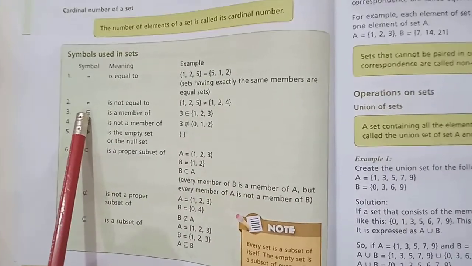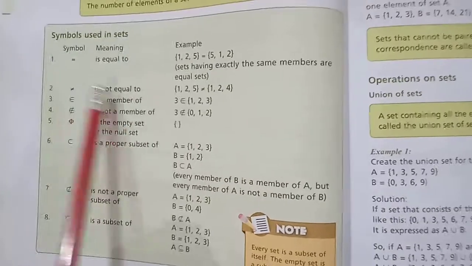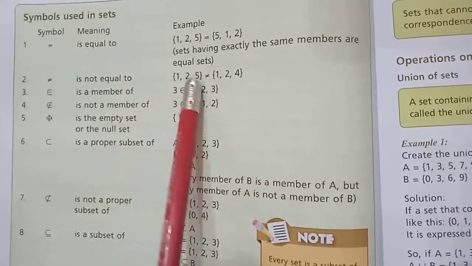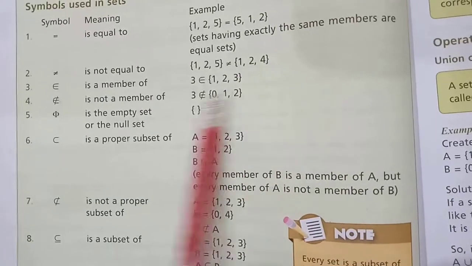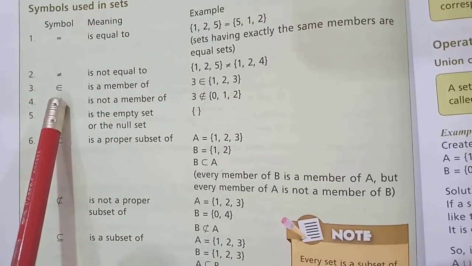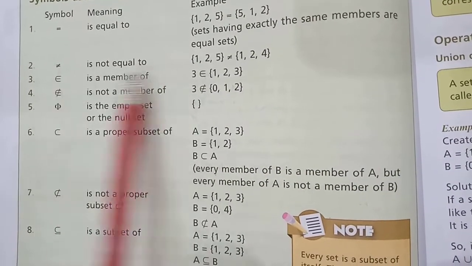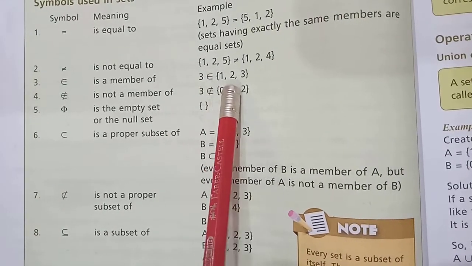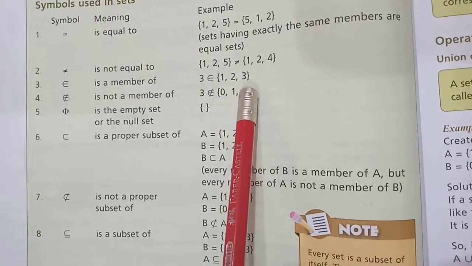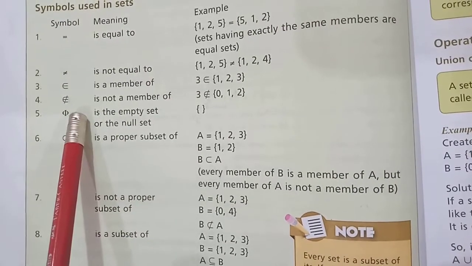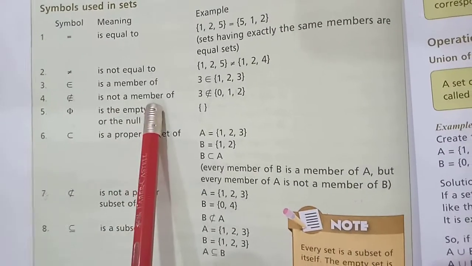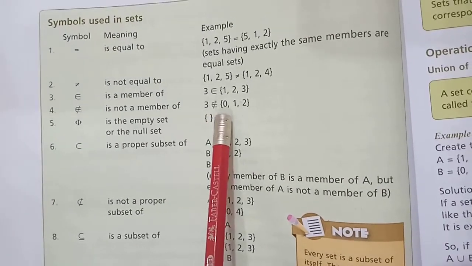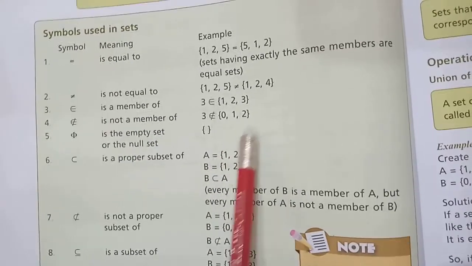This is the sign of not equal to: {1, 2, 5} is not equal to {1, 2, 4}. This sign is a member of: 3 is a member of {1, 2, 3}. This is the sign of not a member of: 3 is not a member of {1, 2, 3}.